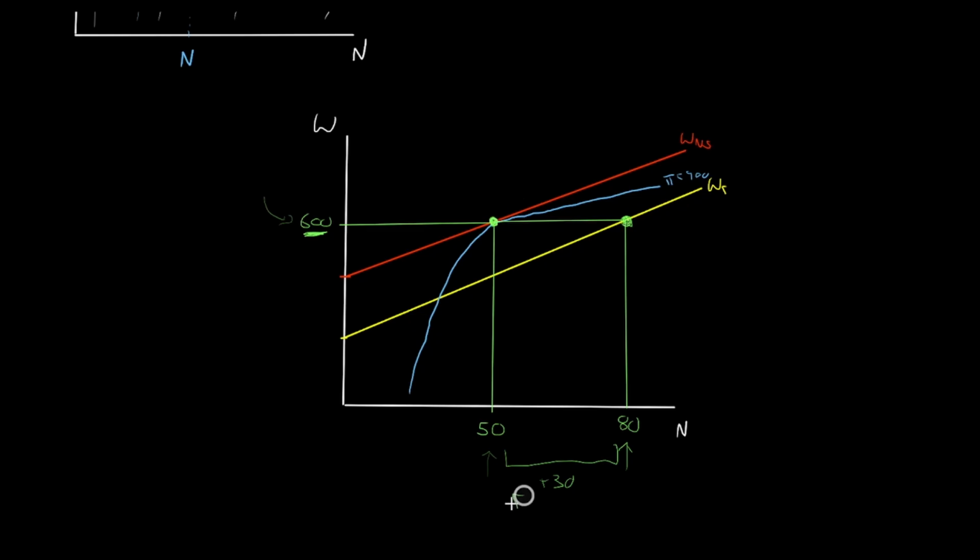This difference, this is what we refer to as frictional unemployment. There is a job available for you. You are unemployed. You just might not be the right fit for this job. You might not be willing to put in the amount of work that they need for that wage rate.